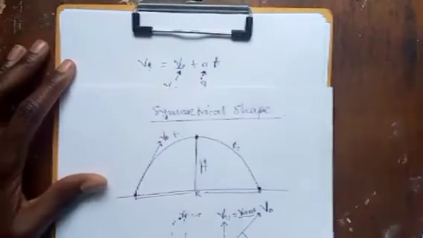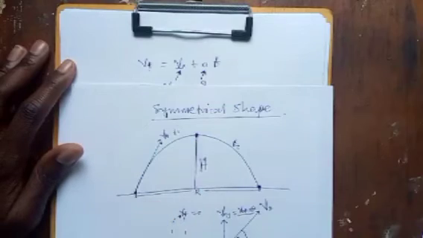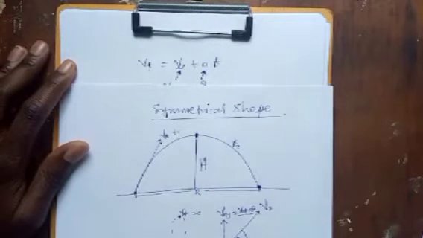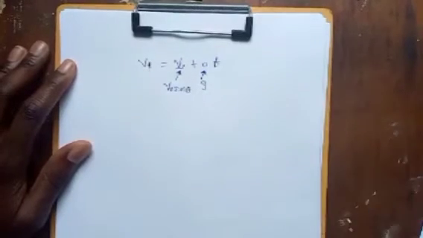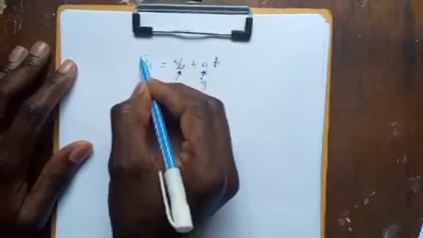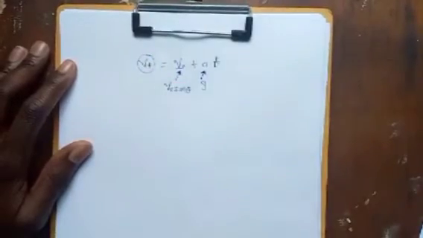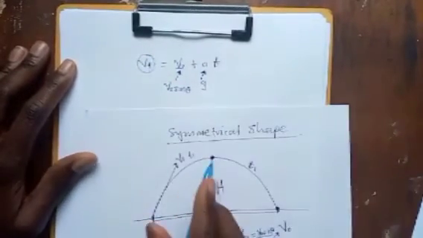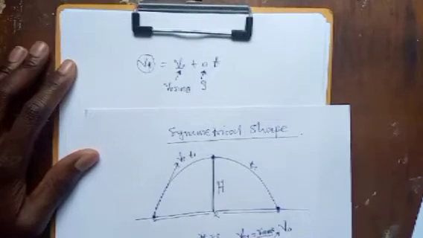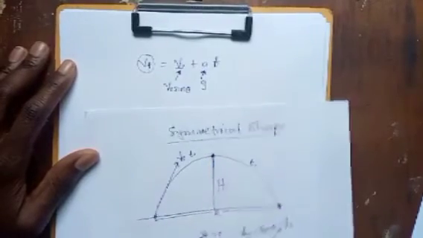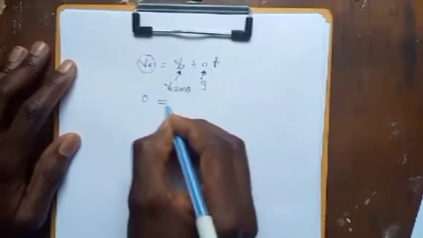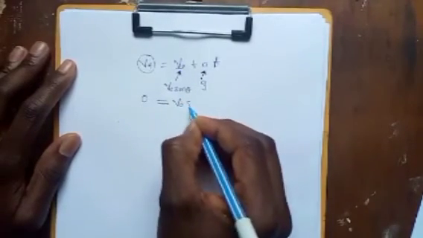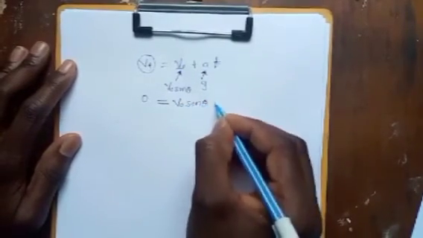For it to have a 0 at the maximum, we consider the initial velocity in the y-axis. The velocity in the x-axis will come again later. On top here, the velocity must be equal to 0, which is the final velocity. So I'll put 0 here, equal to v initial sine theta, plus.